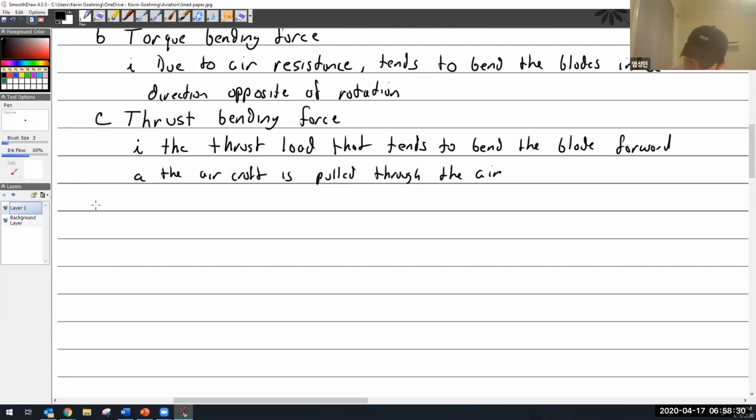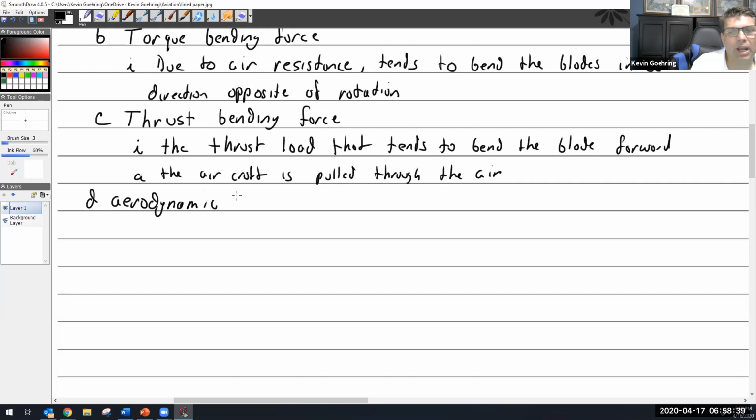All right, aerodynamic twisting force. You have to throw the twisting in there. This tends to twist the propeller toward a high blade angle.